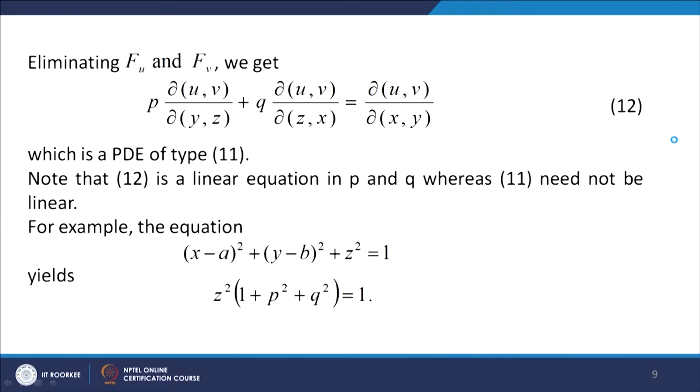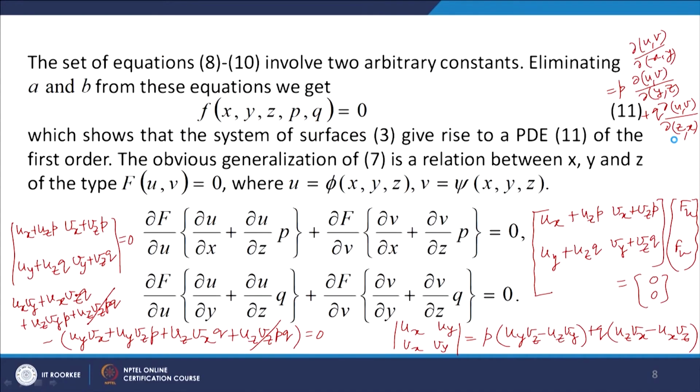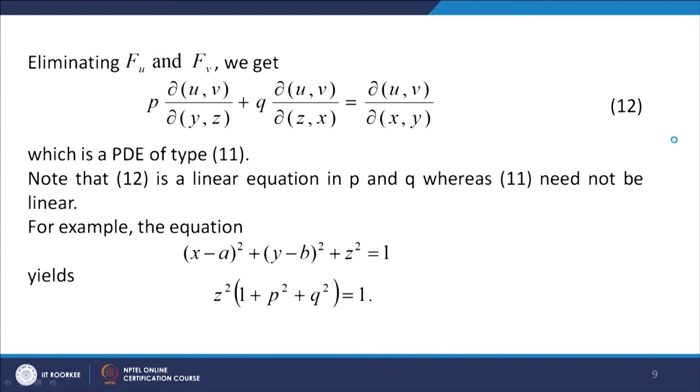So, we have p into delta ub over delta yz, then we have q times delta ub over delta zx equal to delta ub over delta xy, which is a PDE of the type 11.